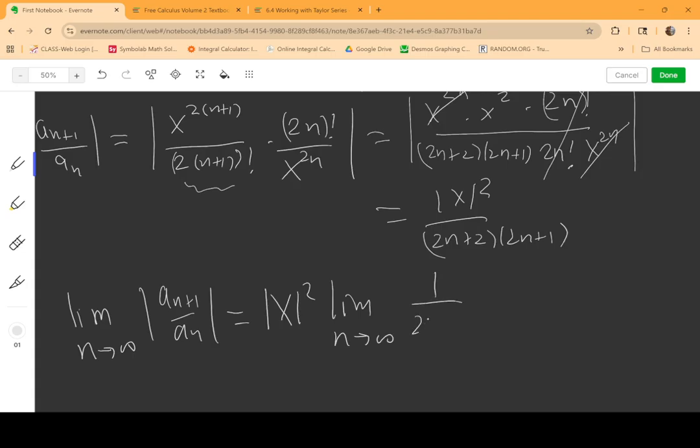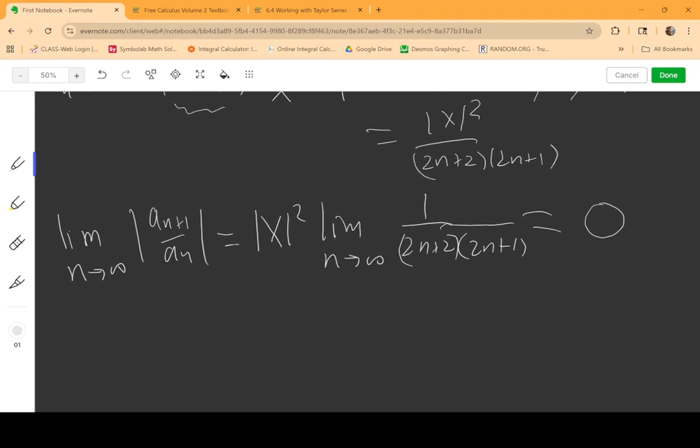And inside we get 2n plus 2 times 2n plus 1. So n only shows up in the denominator. As n goes to infinity, the denominator gets infinitely large, so the whole limit goes to 0. What that means is that my interval of convergence is from negative infinity to infinity. The radius is infinity.